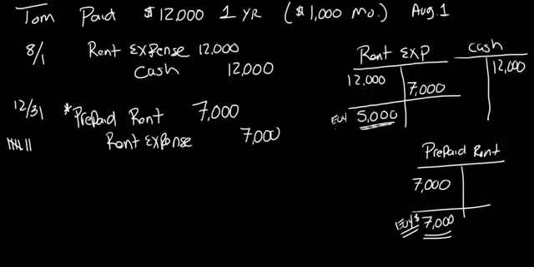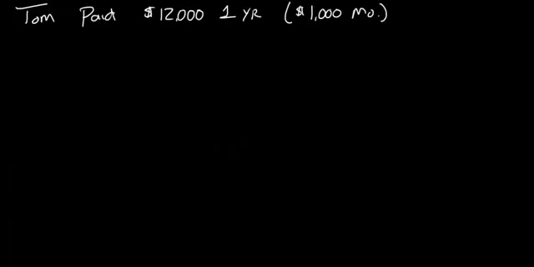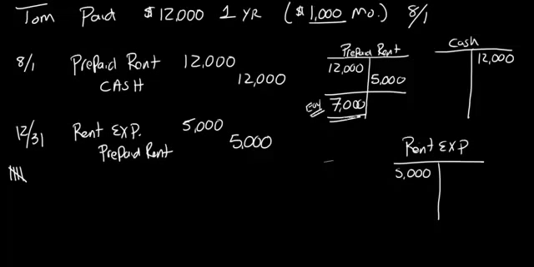And so you can see now that this answer here with the rent expense of $5,000 and the prepaid rent of $7,000 at the end of the year is exactly the same answer we had here. We have prepaid rent of $7,000 and rent expense at the end of the year of $5,000.